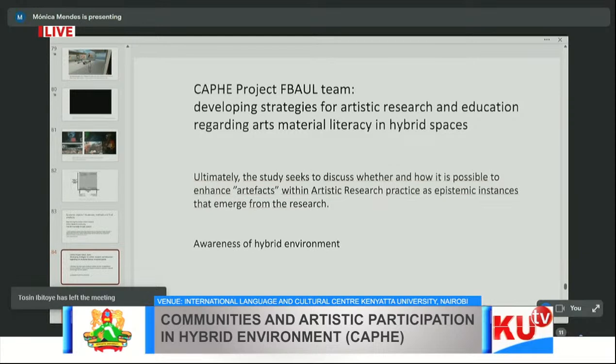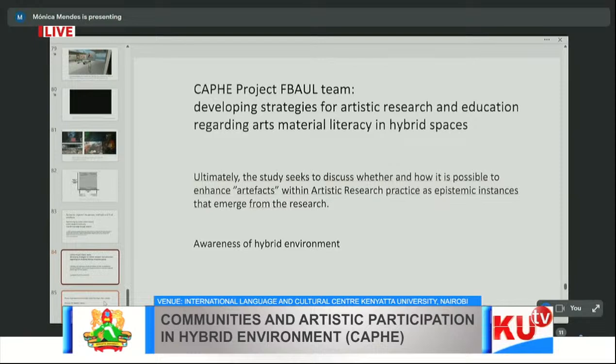So we want to develop, obviously in the scope of CAP, strategies for artistic research education regarding arts material literacy in hybrid spaces, which means giving an awareness of hybrid environments and their potential.